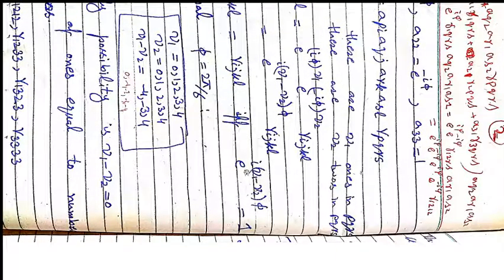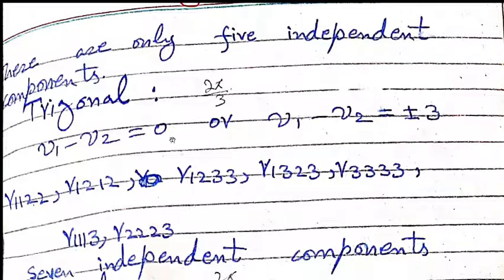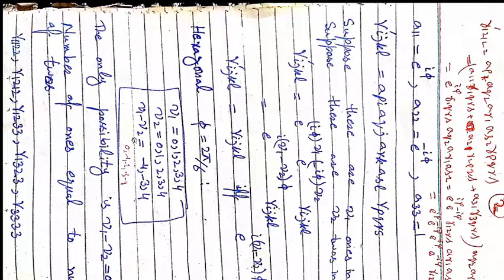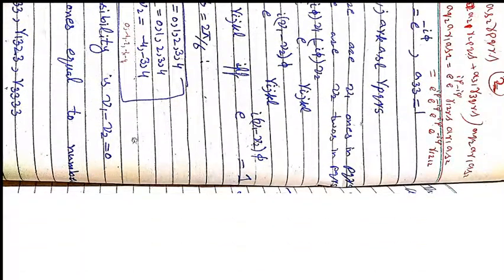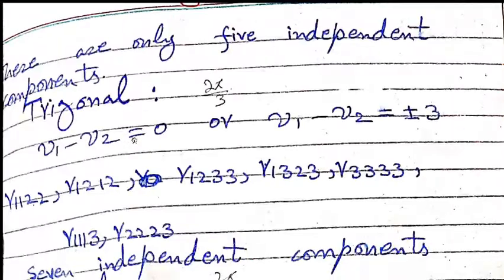One case is clear that this would be equal to 0 when the difference is 0. Another thing is that this would be equal to 0 when the difference is plus minus 3. Then 3 3 will be cancelled out with this 3, and we are left with only e power iota 2 pi, and you will open cos 2 pi plus iota sine 2 pi. Sine 2 pi will be 0 and cos 2 pi will be 1. So the result will be equal to 1.